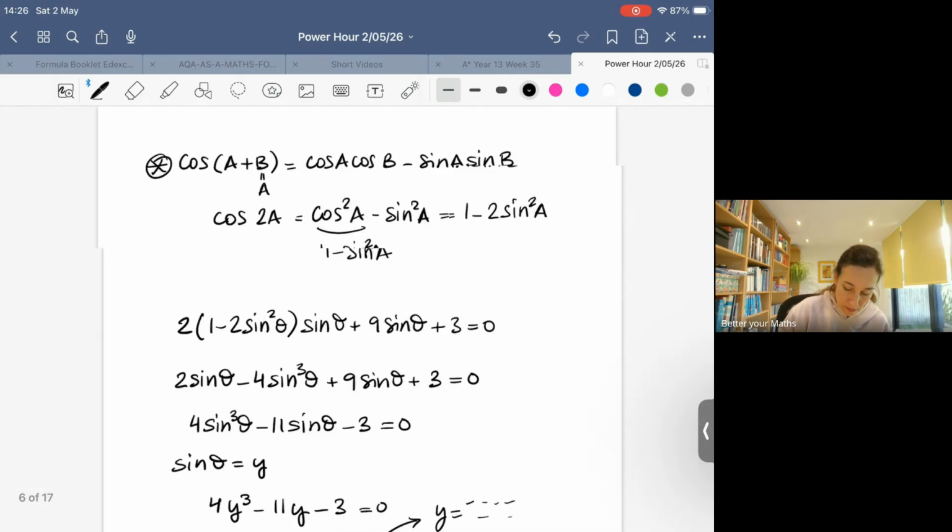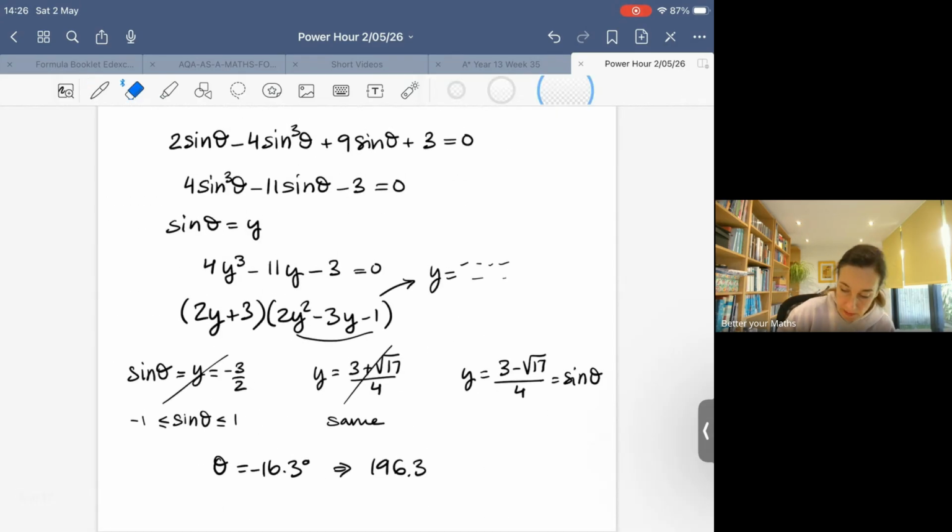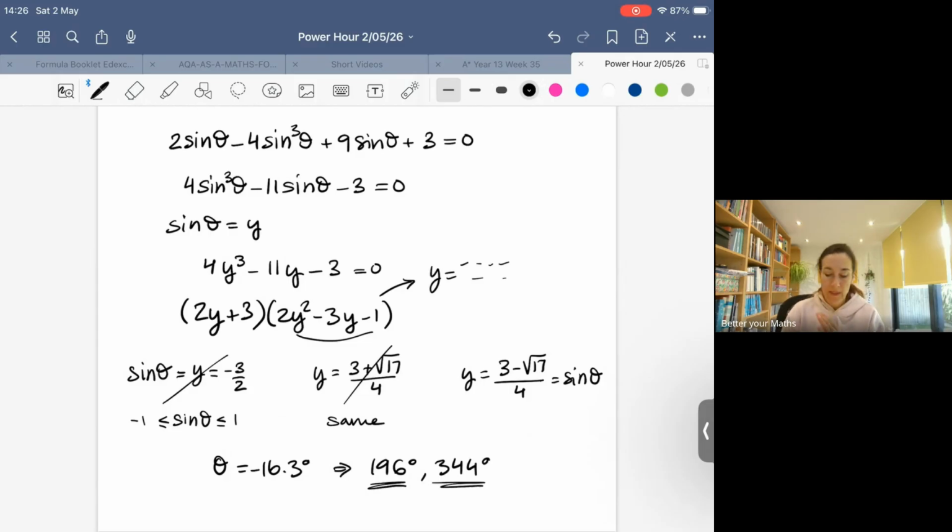So I'm going to write already to the nearest degree. So this one. And the next one is going to be 360 minus that value, which is 343.7, so 344 degrees. Two answers between 0 and 360, and that's it, only those.